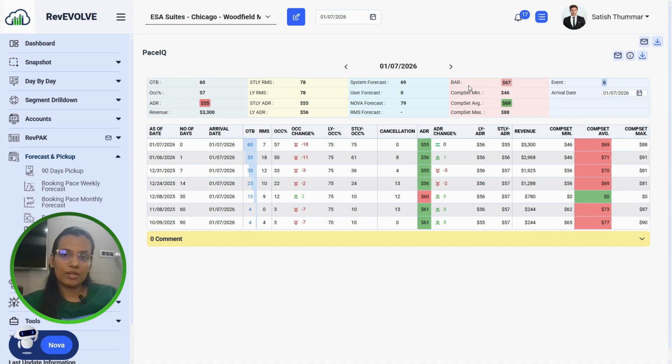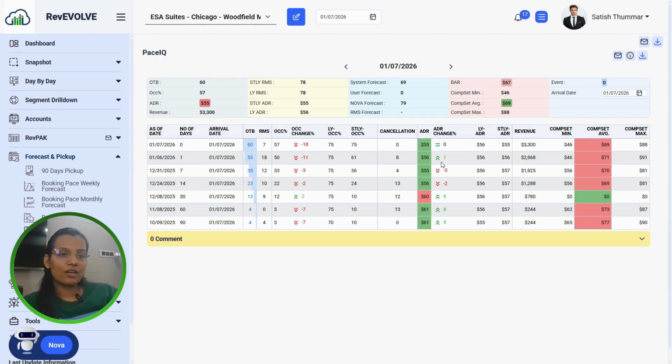Then we have BAR, best available rate, and COMSET min, max, and average values, and event and arrival date. All this data is present over here, and then we have the as-of date and number of days, same as the Booking Curve. We have arrival dates, OTB rooms, and changes in occupancy and ADR with the COMSET values.